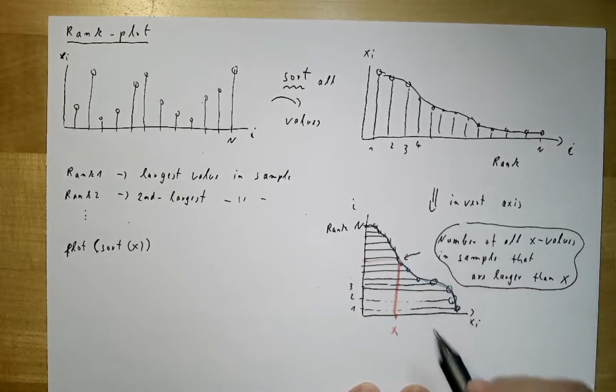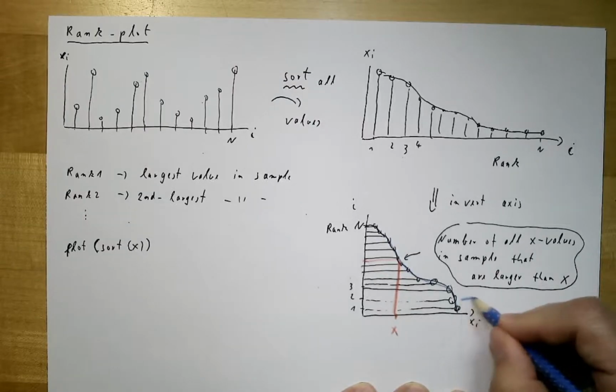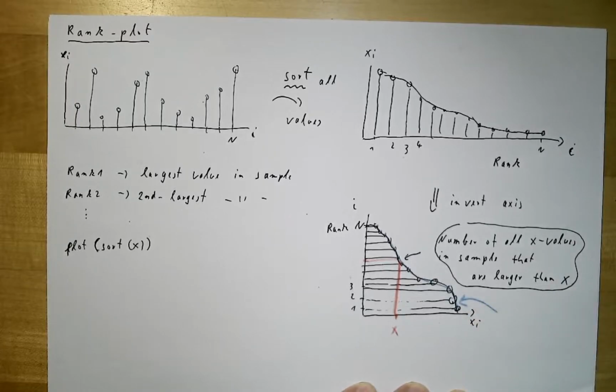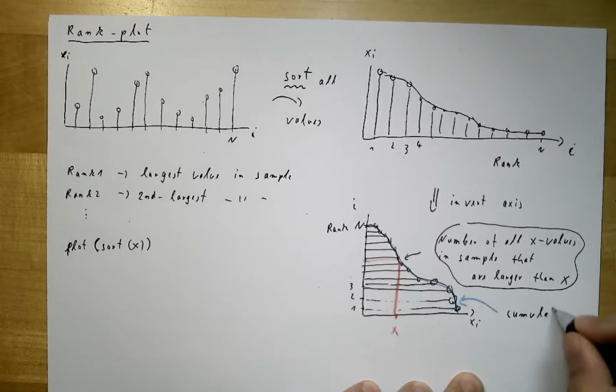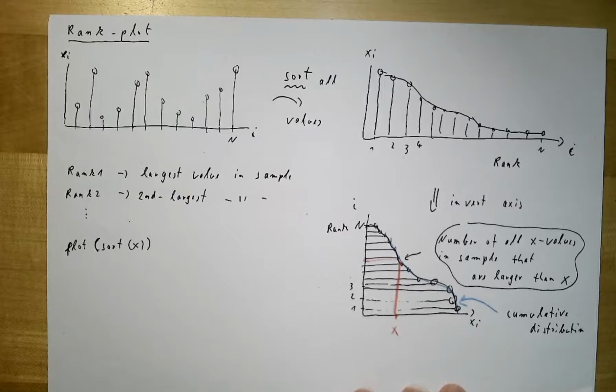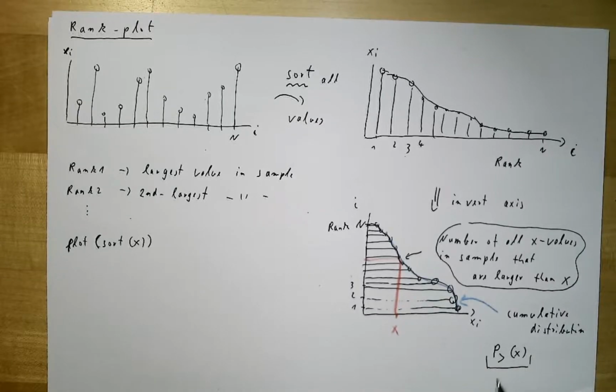So up to a normalization, this blue curve is the cumulative distribution. This is the distribution p to be larger than x. You remember typically we have given the p smaller than x, the cumulative distribution, which is decaying. So this is just 1 minus p smaller of x.